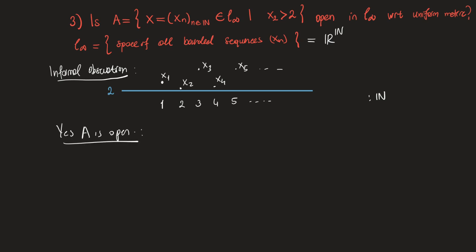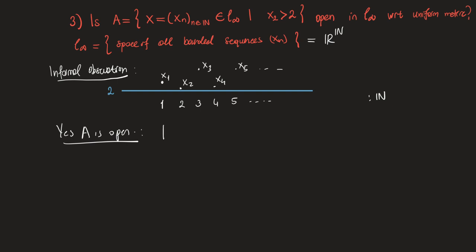How do we show some set is open? You need to take an arbitrary point from the set, then you need to find a ball that is entirely in this set. So let me start by taking an arbitrary point.